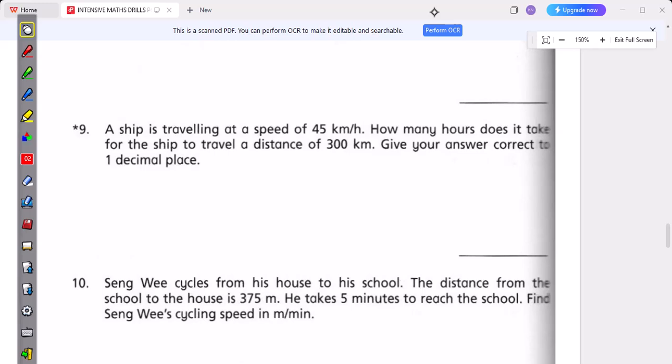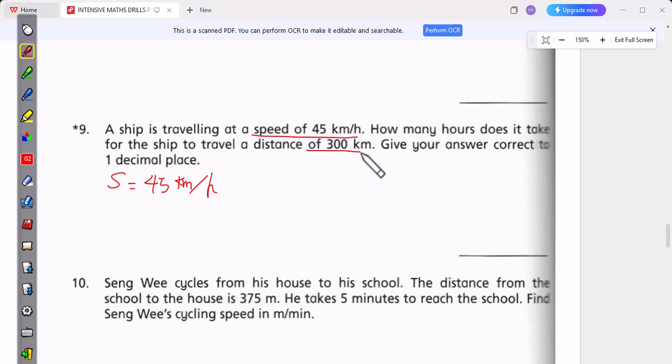From the first sentence, a ship is traveling at a speed of 45 kilometer per hour. From this sentence, we got the information: speed equal to 45 kilometer per hour. Next, how many hours does it take for the ship to travel a distance of 300 kilometers? From this statement, we got the next information and the question as well.